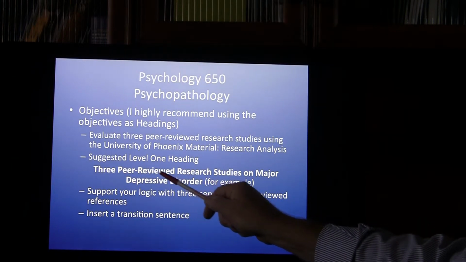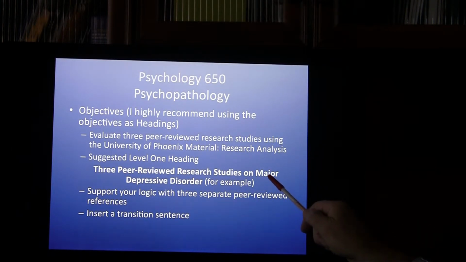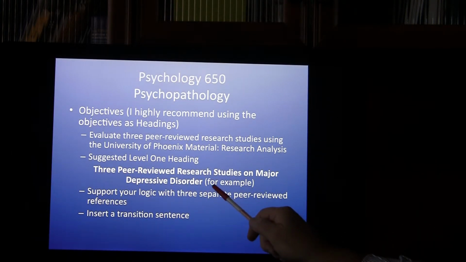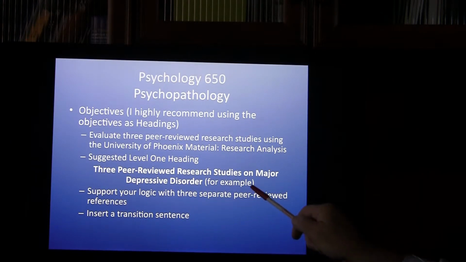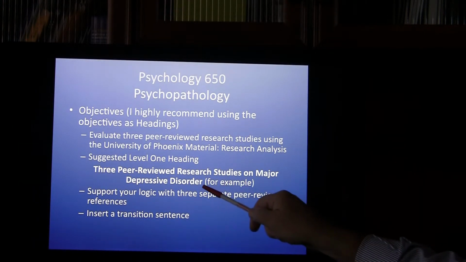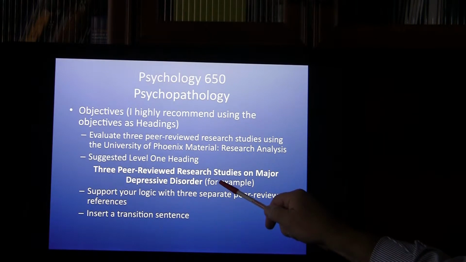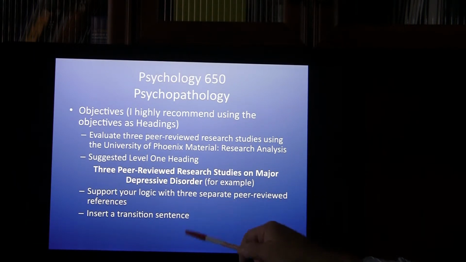I could have 3 peer-reviewed research studies on dysthymic disorder or whatever. And this, for example, in here, please don't put this in your heading. Some people do that. It's just my reference for you that this is an example of what you can do because there are multiple options for this paper. And then support your logic with 3 separate peer-reviewed references. And then do a transition sentence, please.